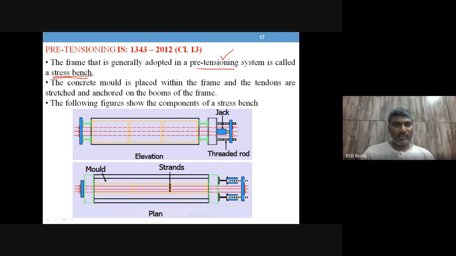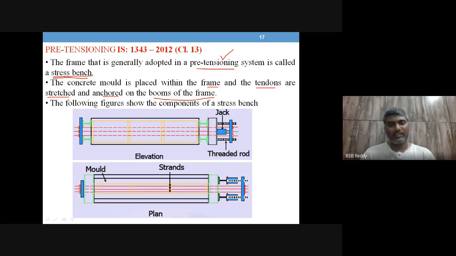Okay, the concrete mold is placed within the frame, and the tendons are stretched and anchored on the bulkheads of the frame. Okay, so this is a frame, this is another frame, right?